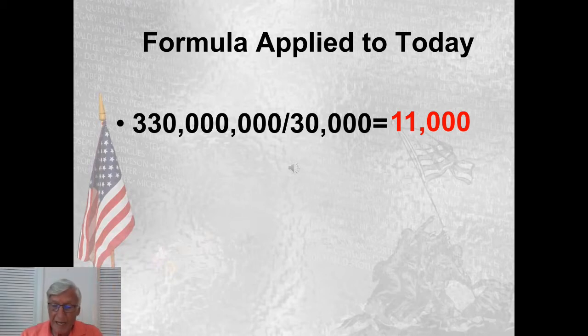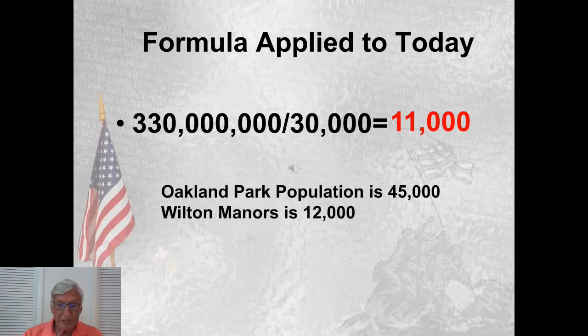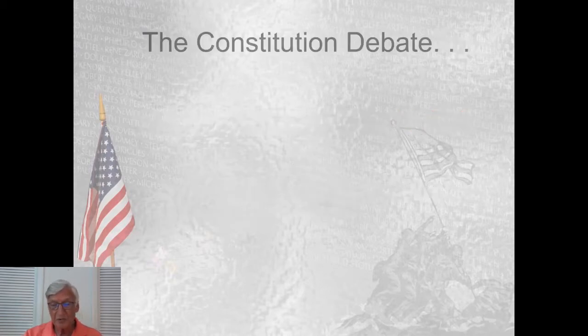Can you imagine the chaos that that would entail? Simply impossible. For example, Oakland Park's population is 45,000 alone. That would represent nearly 4 members of Congress. Wilton Manors alone has 12,000 members. So we would have lots of representatives running around, and it's just unworkable.